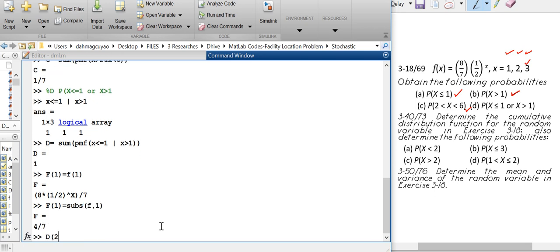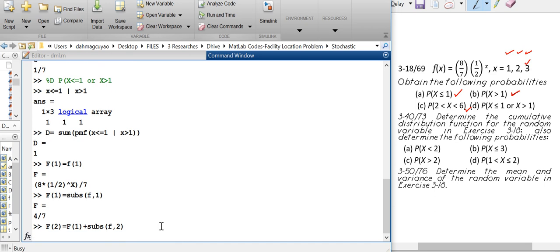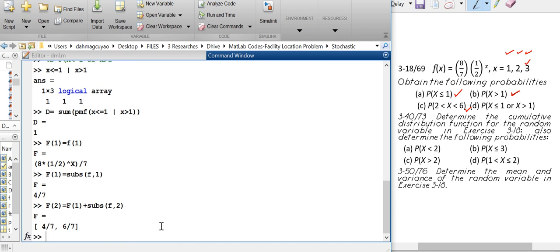And then f of 2 is equal to f of 1 plus we substitute x is equal to 2 from f. And then for f of 3, that would be f of 2 plus we substitute f is equal to 3.